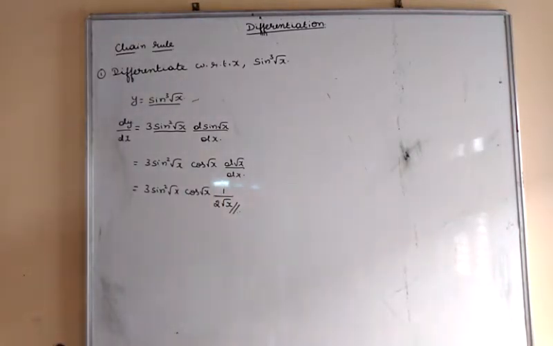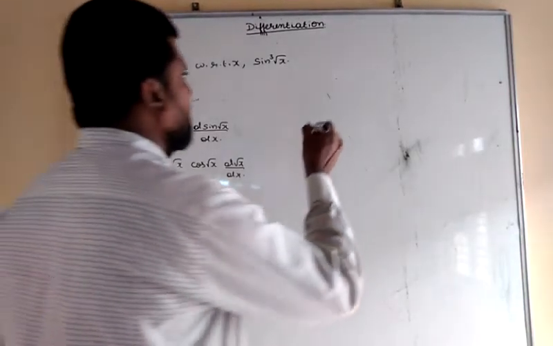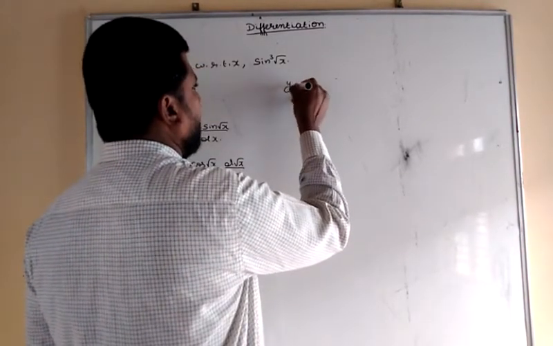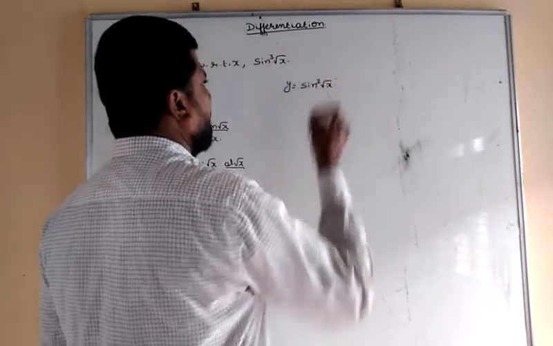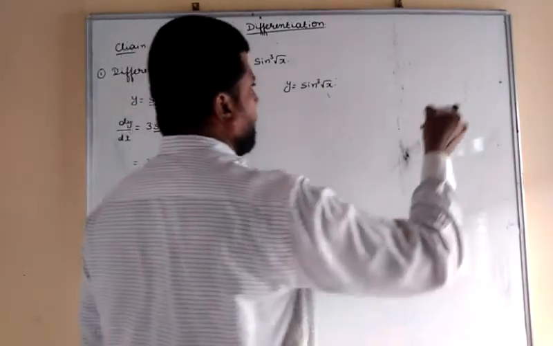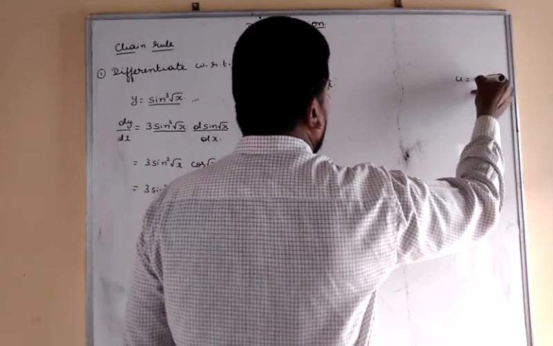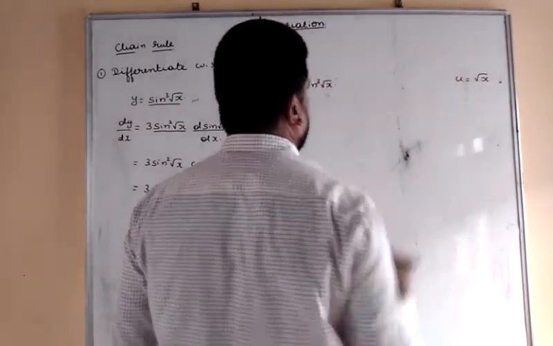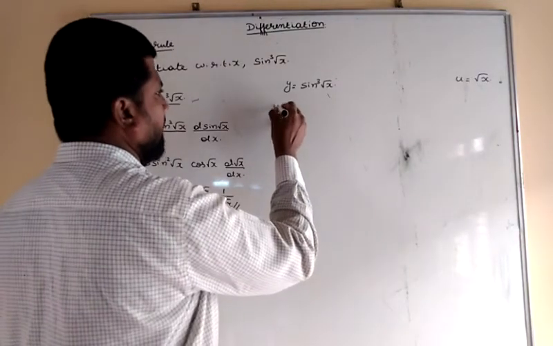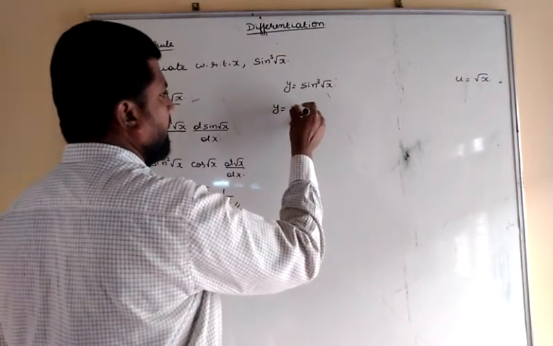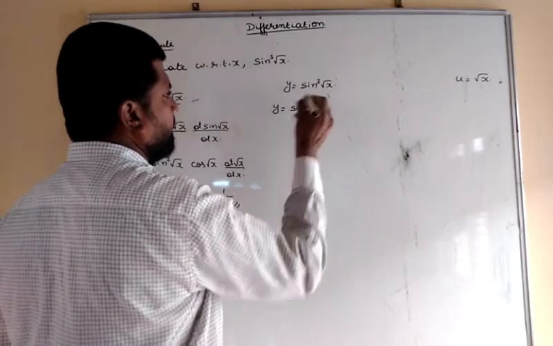So let us substitute now. Let us take y is equal to sine cube root x. Let u is equal to root x, then y is equal to sine cube u.